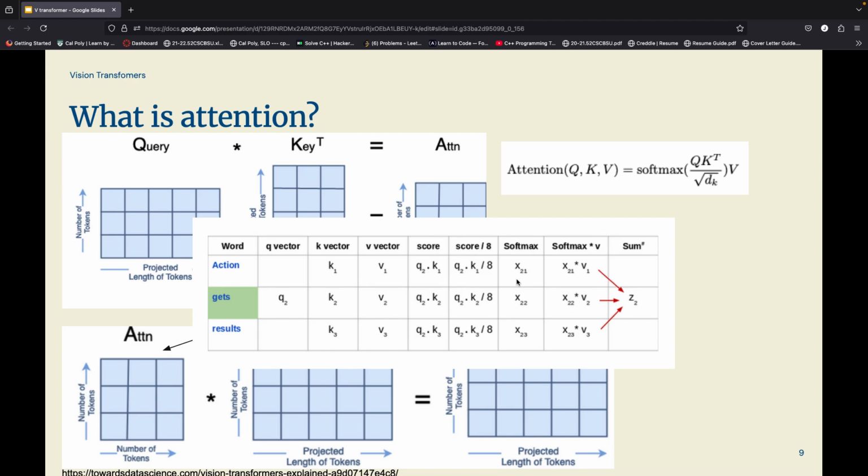So in general, just know that these matrix dot products basically give us some sort of relationship between all of our tokens and the relationships to other tokens.